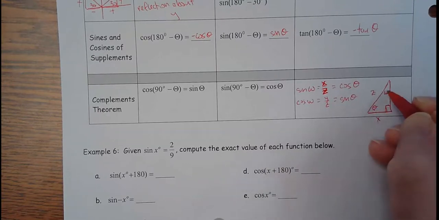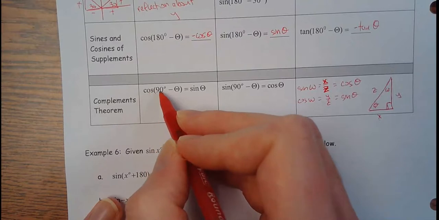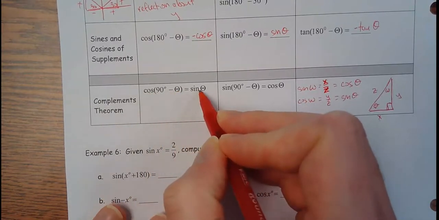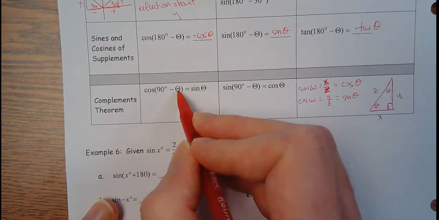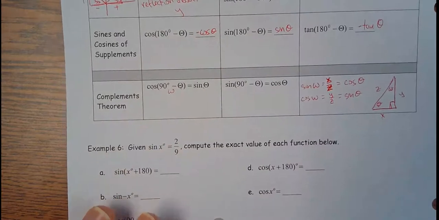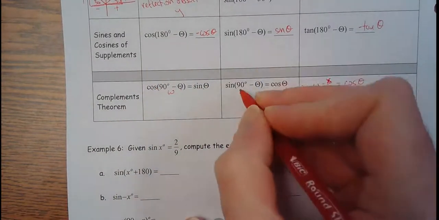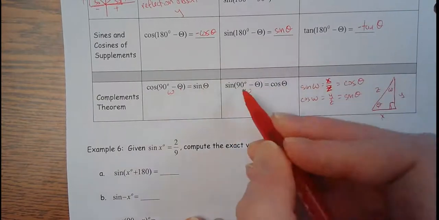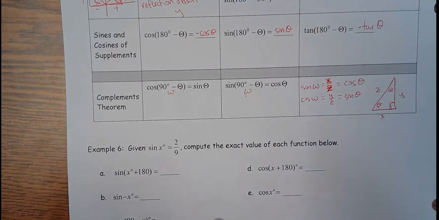Or 90 minus theta equals W. So when I have cosine of 90 minus theta, 90 minus theta is W, so the cosine of W equals the sine of theta. And sine of W is the same thing as cosine of theta.